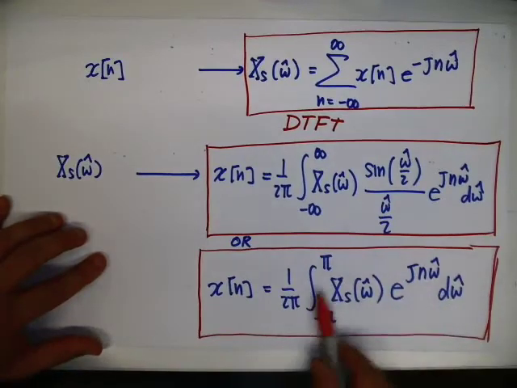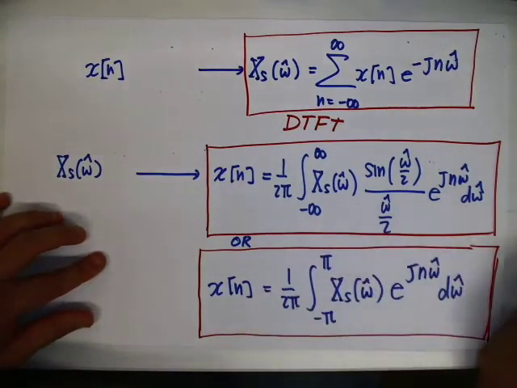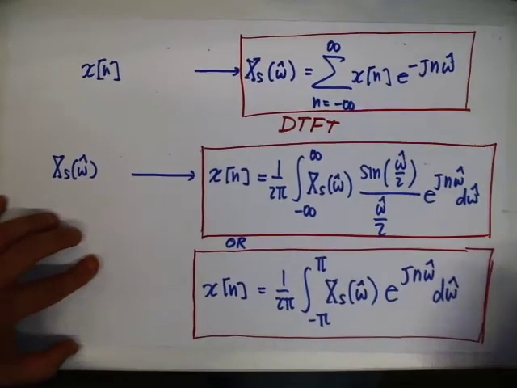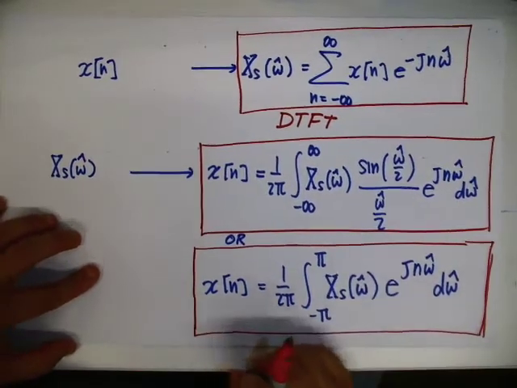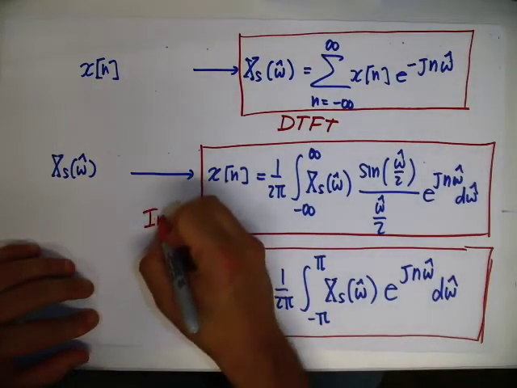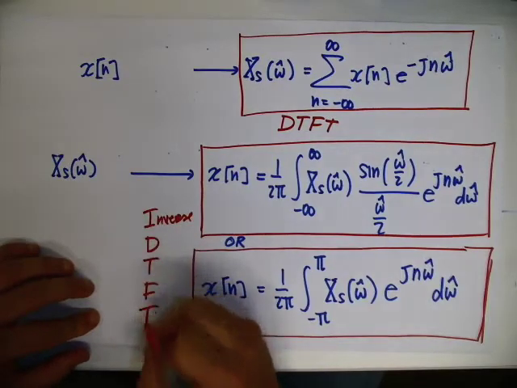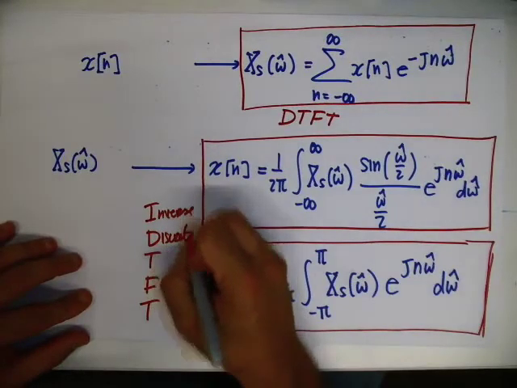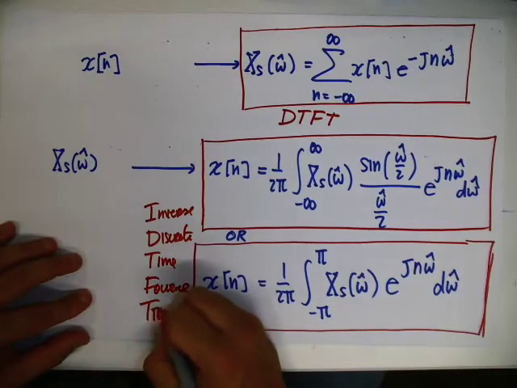But there are infinite Fourier integral representations, which will give you the same results. Of course, the most practical one to use is going to be this. Okay? Indeed, that's what is called the inverse discrete time Fourier transform.